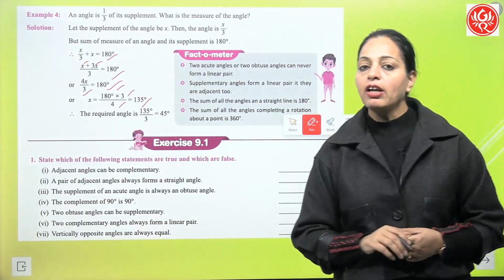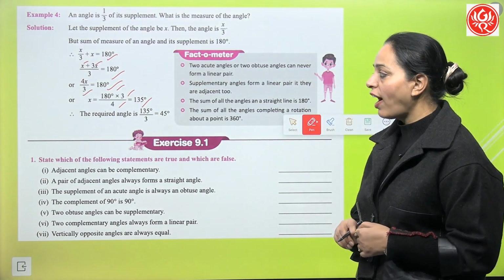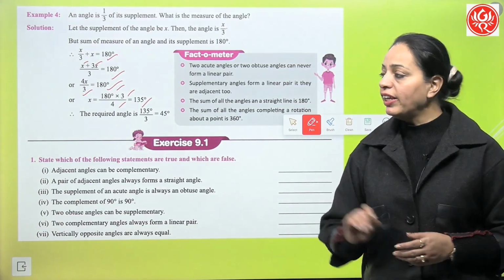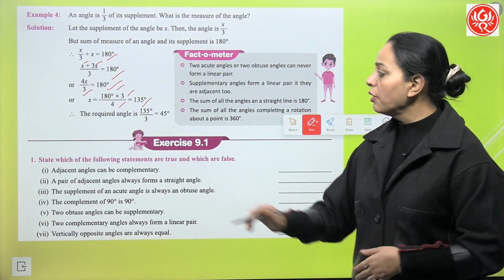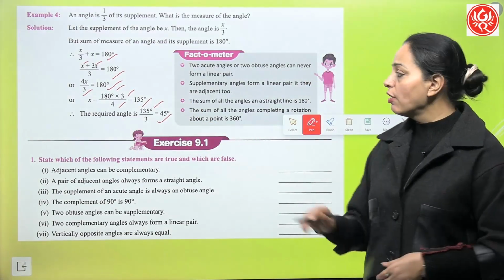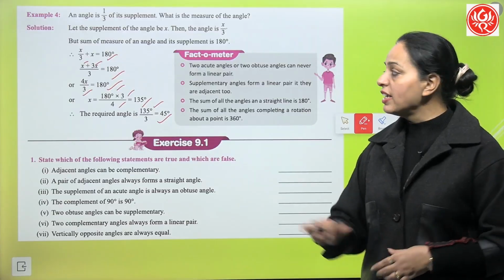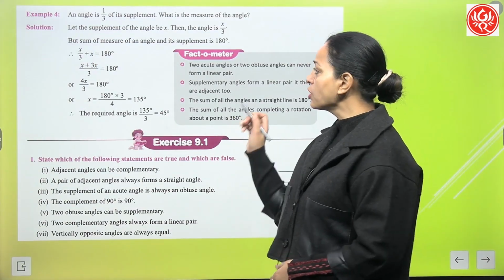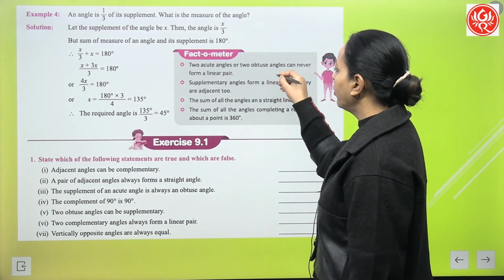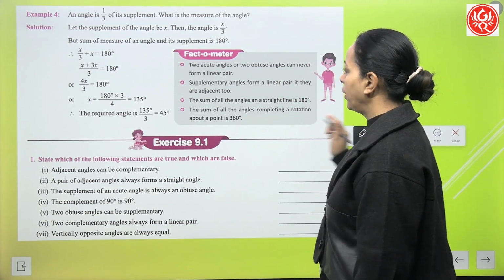So we are getting 135 degrees. So x is 135 degrees. Now it's 1/3, which means 135 upon 3, that is 45 degrees. Now the fact-o-meter, the first point: two acute angles or two obtuse angles can never form a linear pair.